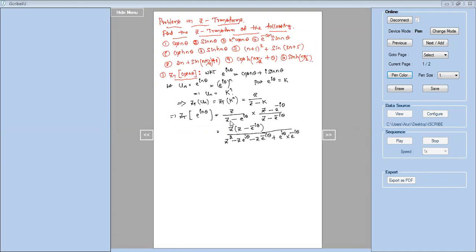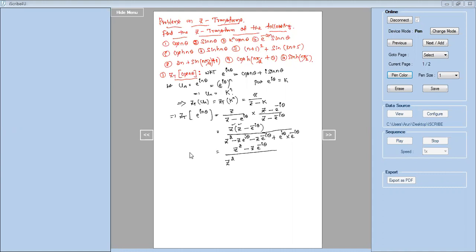So when you multiply the denominator, in the same way I'll multiply the numerator also. I'll simplify. This is equal to z into z, multiply these two, z square minus z e power minus I theta, divided by the denominator. It is z square, first term z square. From the second term and third term, I can take minus z common.